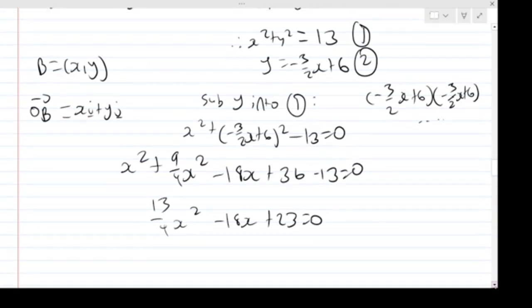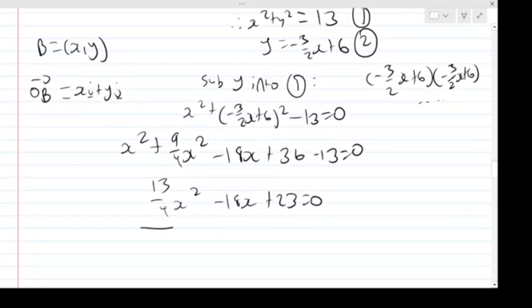I can make it a little bit tidier by getting rid of the fraction, timesing everything by 4 because it's out of 4. So I'm going to get 13x squared, then minus 18 times 4 gets me minus 72x, then 23 times 4 is 92.